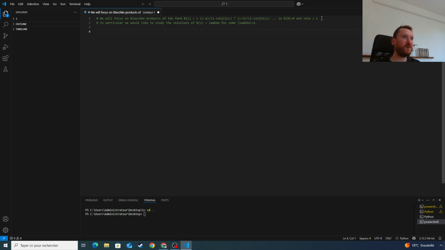So what I would like to do in this code is to give a function that is able to, starting from a Blaschke product and lambda, compute these solutions, and then we will sort them by increasing argument, and then we will link them, or more precisely, we will take a solution and link it to the next one, and then to the next one, and so on, and then see what happens.